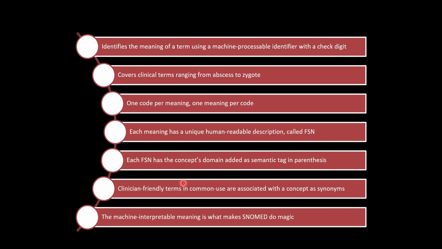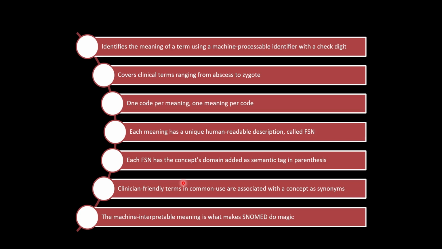SNOMED is a controlled medical vocabulary that uniquely codes, that is, identifies the unique meaning behind a term. The terms covered range from abscess to zygote, signifying the entire range of healthcare relevant terms. To make it human understandable, a human readable description is assigned to it that explains the meaning in a simple manner.